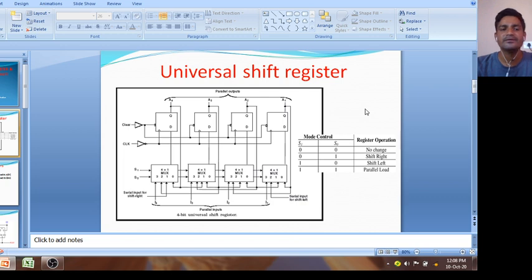It has serial in, serial out capability, serial in, parallel out, parallel in, serial out, parallel in, parallel out, or bidirectional shift register features. In one register we can perform all the types of registers' features. As the name indicates, universal means you can implement any type of register with the help of universal shift register.